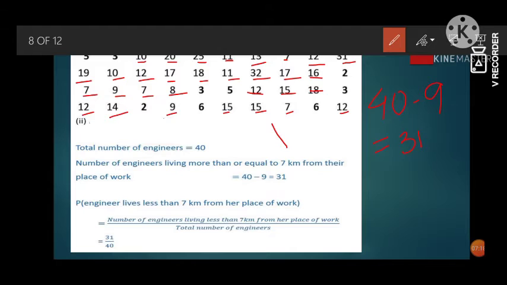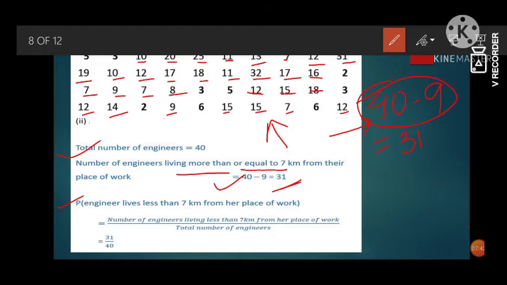So either we can see from the table or we can calculate like this. The total number of engineers is 40. The number of engineers living more than or equal to 7 kilometers is 40 minus 9, so we have 31.